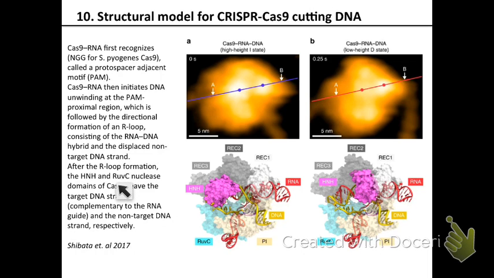After that R loop is formed with the RNA-DNA hybrid, that activates the Cas9 enzyme to cut the target and the non-target DNA strand respectively, okay? So the target strand is complementary to the RNA guide, and the non-target strand is the other strand that was displaced. Okay, how does this actually look?